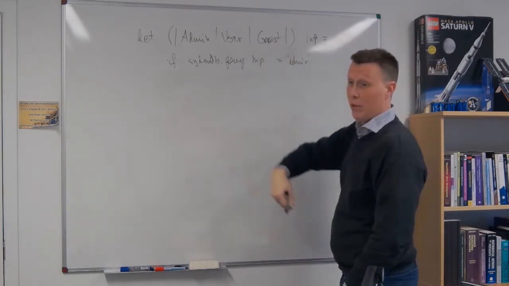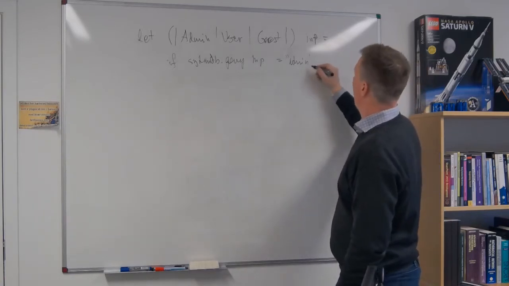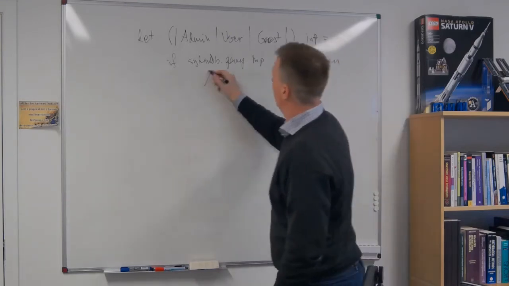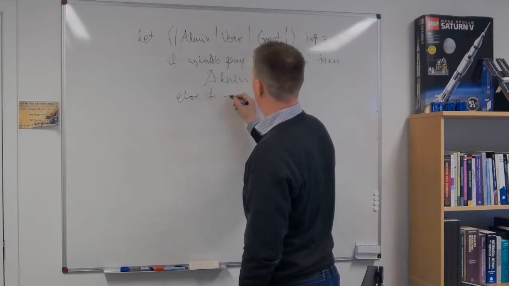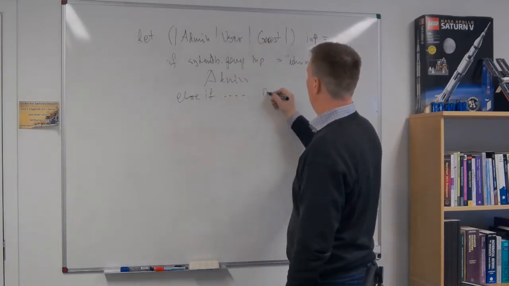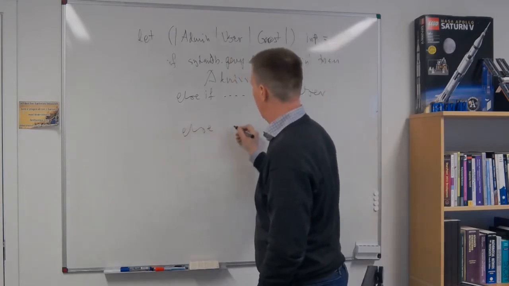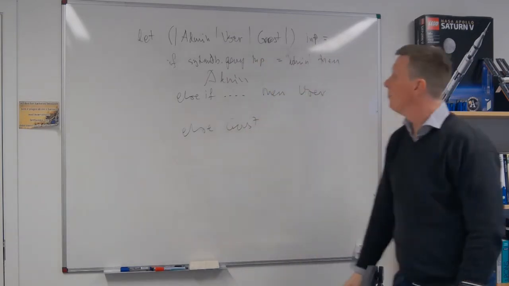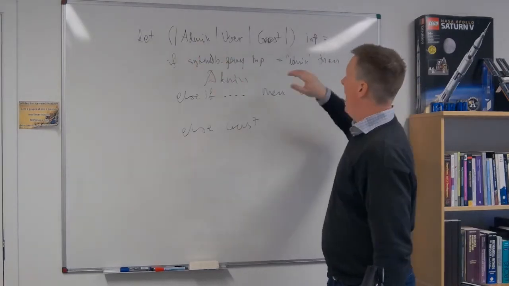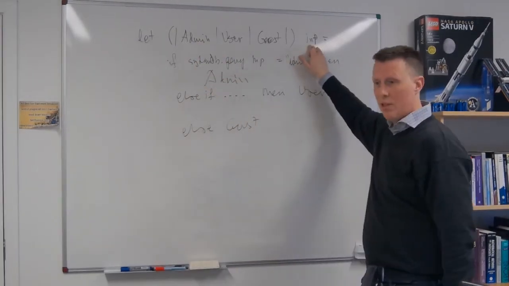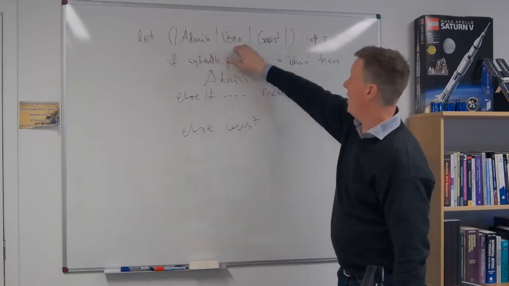We can do some really complicated stuff here. If it returns the string admin, then Admin, else if something, then User, else Guest. So in the case of active patterns, I have three cases, and I can check my data, the stuff inside the input, and then just return the label of each case that I have defined.